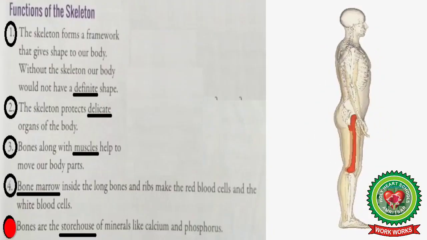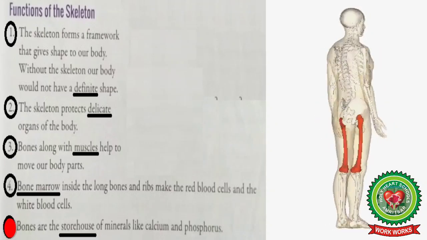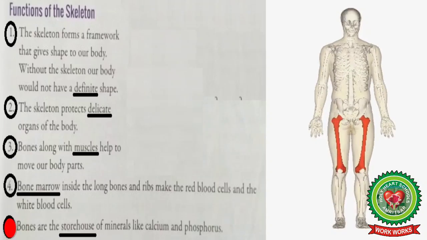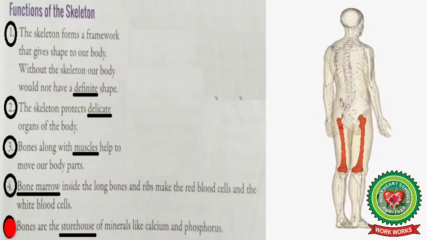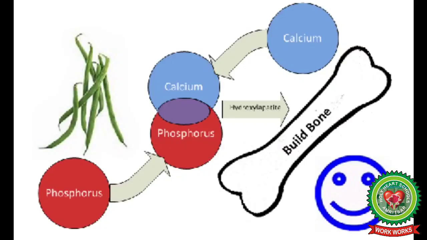Number 5 is bones are the storehouse of minerals like calcium and phosphorus. Underline word storehouse and write down its meaning, a large supply of something. So students, bones are made of minerals like calcium and phosphorus.